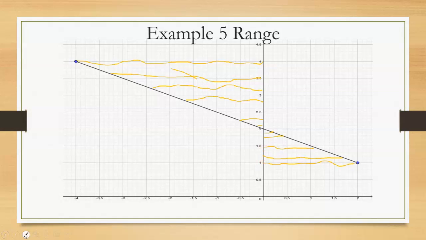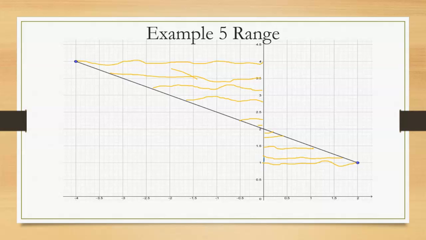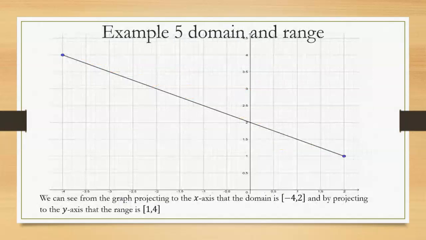Wait, let me get the pen actually. Let me use a darker color. There we go. This is all in the range. From 1, excuse me, I think if I said -1, I'm sorry. From 1 to 4, that's the range of it. Hopefully you were able to see that. That's what I was trying to show.